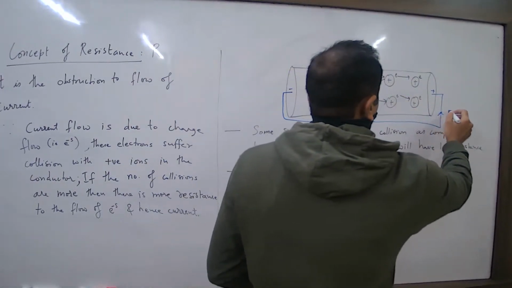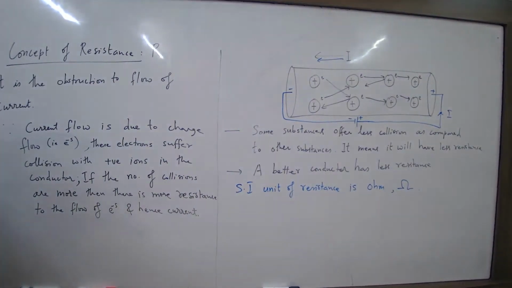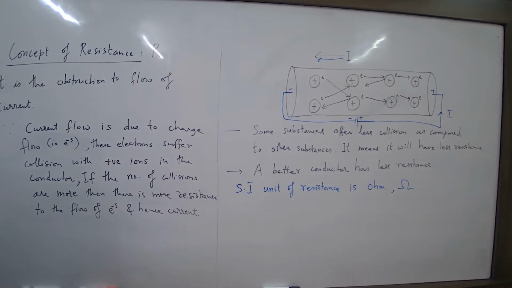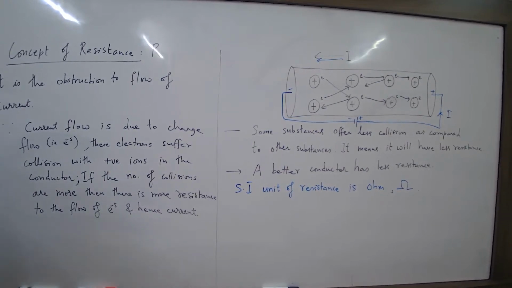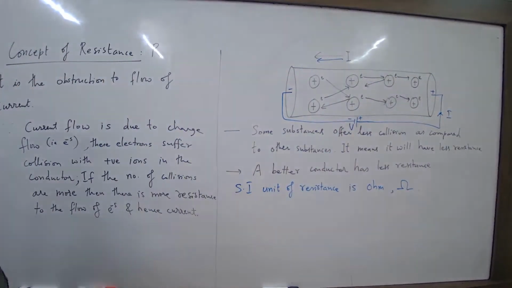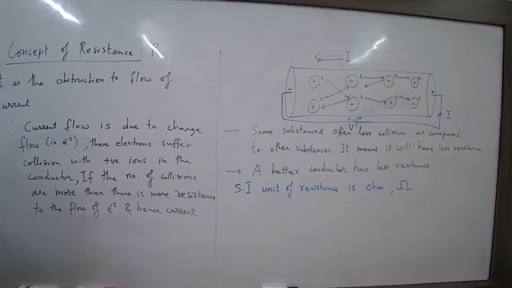This is the current direction shown. Because current will only flow when there is potential difference. On a piece of wire on its own, there will be no current.